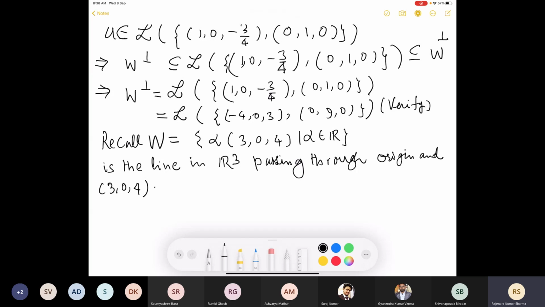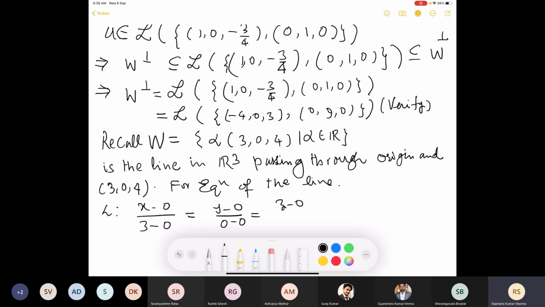You can see the equation of such a line, the equation of the line passing through 2 points. So this is (x minus 0) by (3 minus 0), it passes through the origin, equal to (y minus 0) by (0 minus 0), equal to (z minus 0) by (4 minus 0).